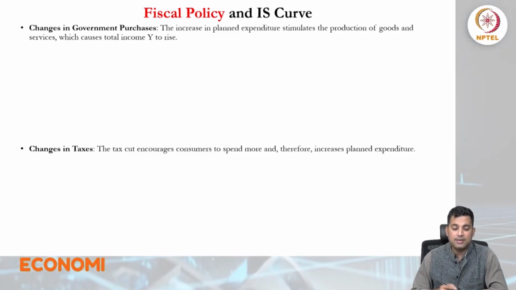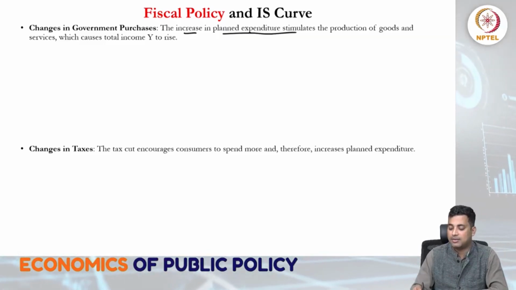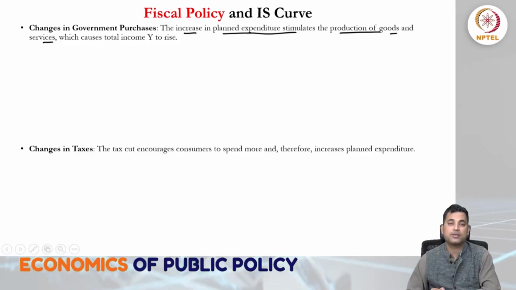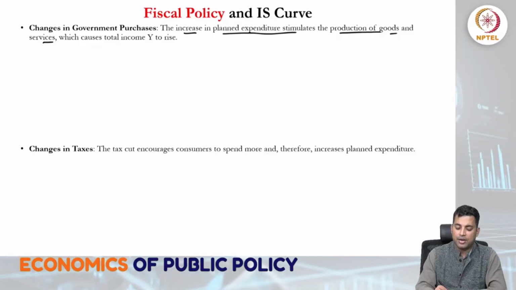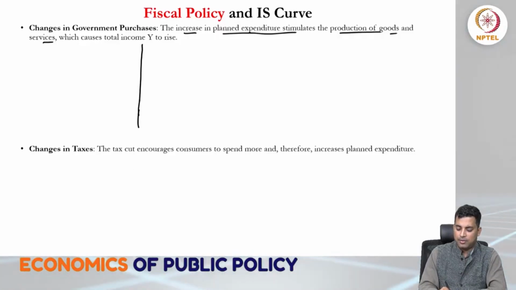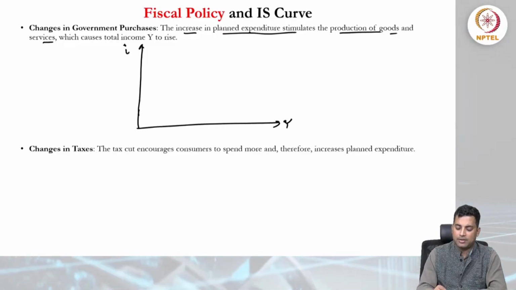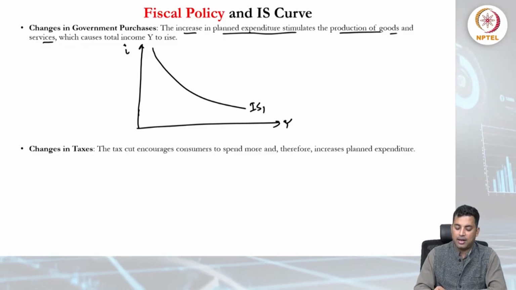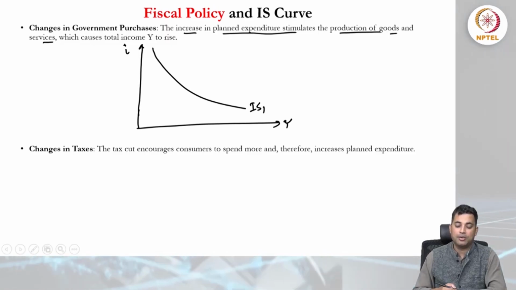If there is a change in government purchases, like an increase in planned expenditure, it stimulates production of goods and services, which causes total income Y to rise. Here we can draw income and the rate of interest, with the initial IS curve, and then a change in government expenditure.